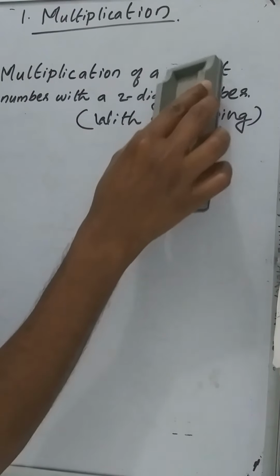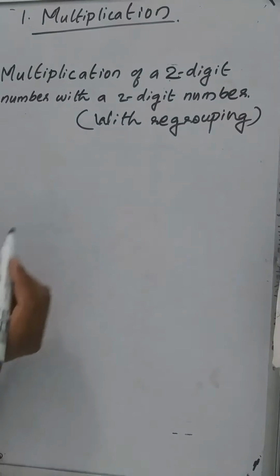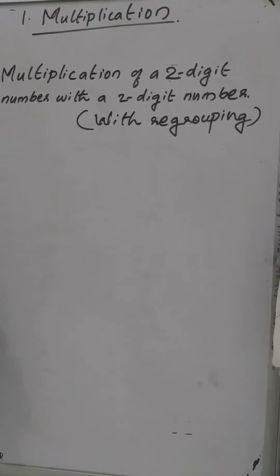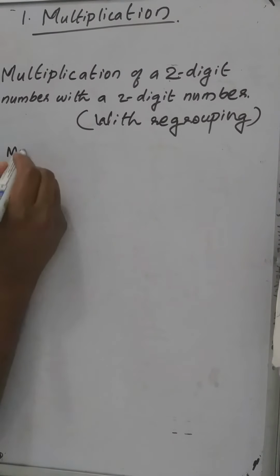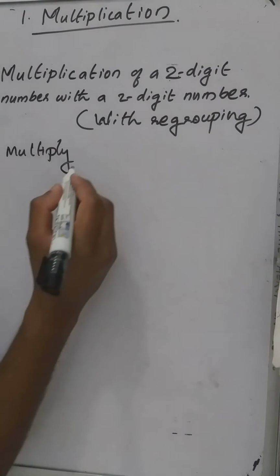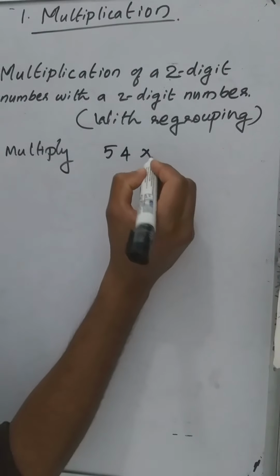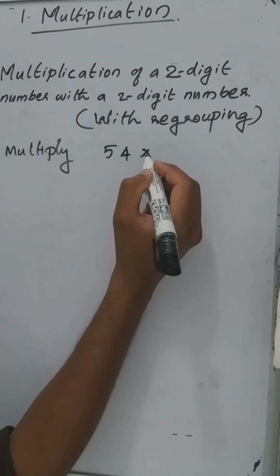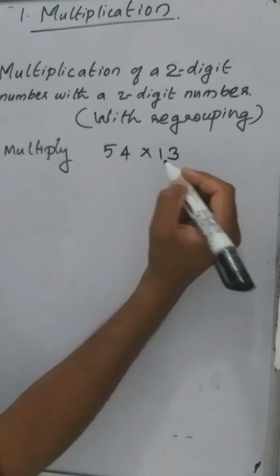Multiplication of a 2-digit number with a 2-digit number with regrouping. Doing one example. Multiply 54 by 13.